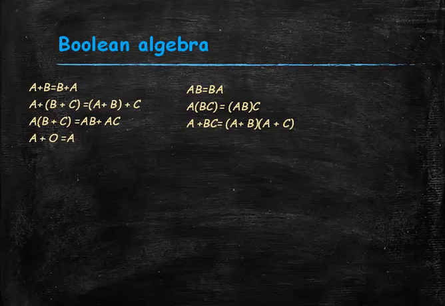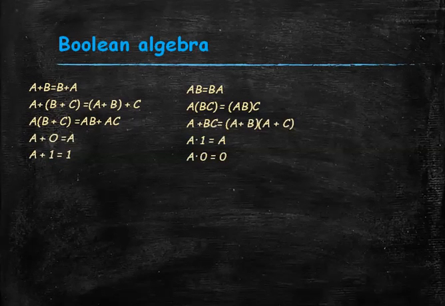A or 0 equal to A, its dual A and 1 equal to A. A or 1 equal to 1, its dual A and 0 equal to 0.